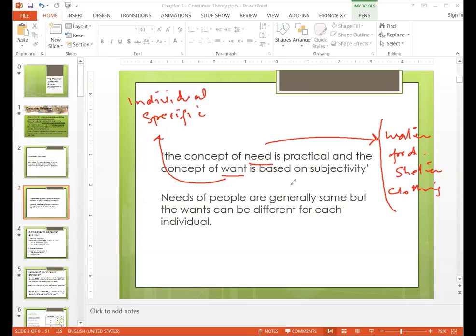So hopefully it is clear now what the difference between need and want is. Needs are generally the same. If you interview everyone, their needs will be generally the same, but the wants of each person might be different.